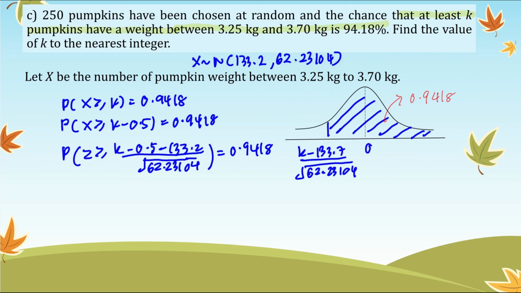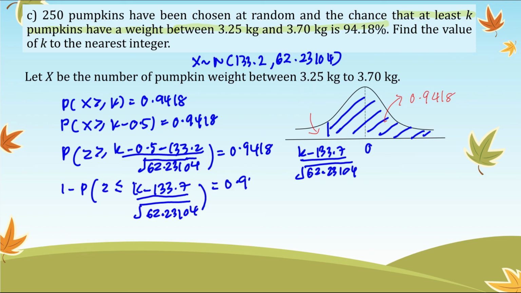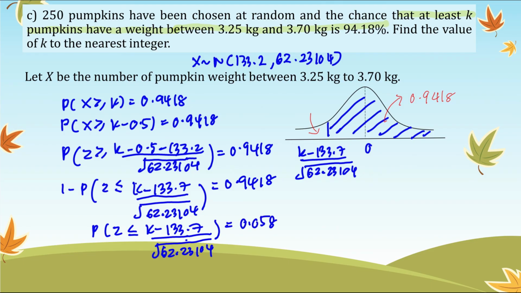To solve for k, we need to use this area, 1 minus that area. 1 minus P, z less than equals to k minus 133.7 divided with 62.23104. Simplify the value, 0.0582. The value for this area.